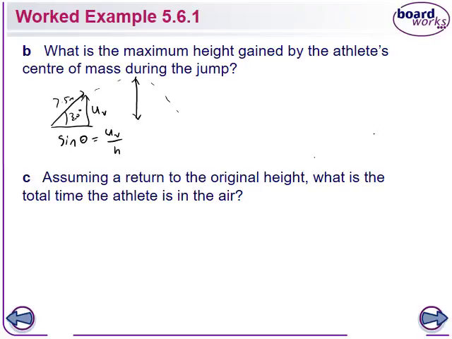So again, we rearrange. UV is equal to 7.5 sine 30. So that's our initial velocity in the vertical direction. And that is 3.75.